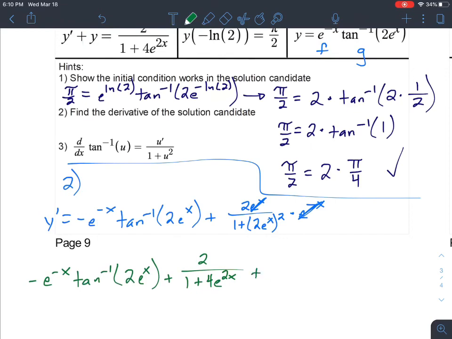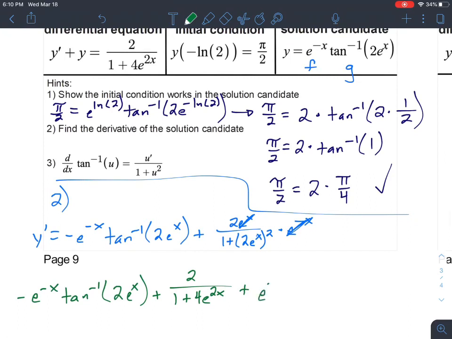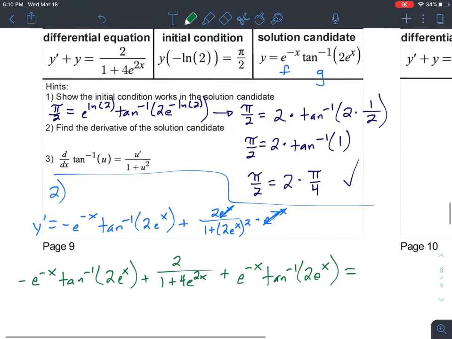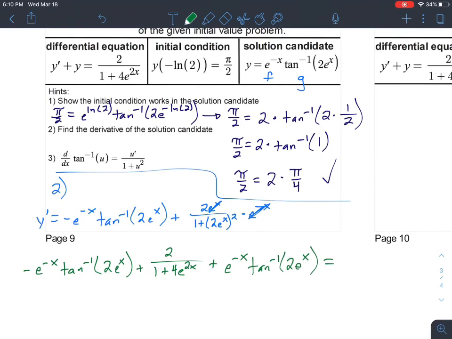And then we're supposed to do plus the y value, which was given to us as e to the negative x arctangent of 2e to the x. And we're supposed to show that this will be equal to 2 over 1 plus 4e to the 2x.